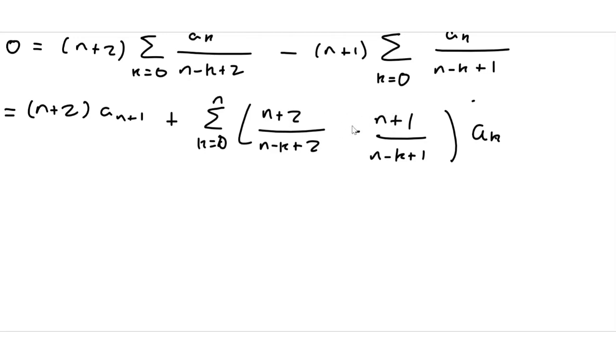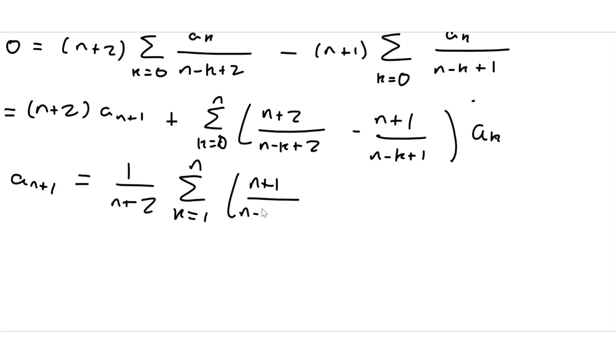So now rearranging, we get that a(n+1) is equal to 1 over n plus 2, the sum from k equals 1 to n of (n plus 1 over n minus k plus 1 minus n plus 2 over n minus k plus 2), all multiplied by ak.